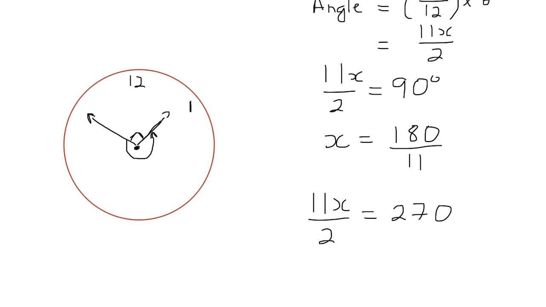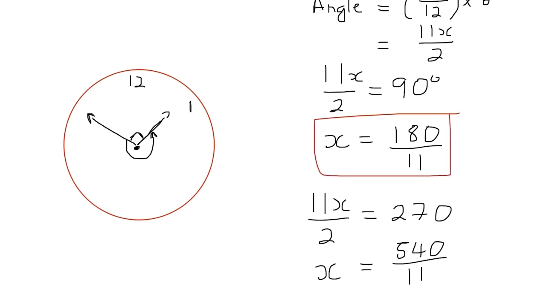Okay, and now if we calculate x, 270 multiplied by 2 is equal to 540 divided by 11. Now we have this case, the first time we reached a 90 degree angle between the two hands, and we have here, which is the second time we've reached a 90 degree angle between the two hands of the clock.